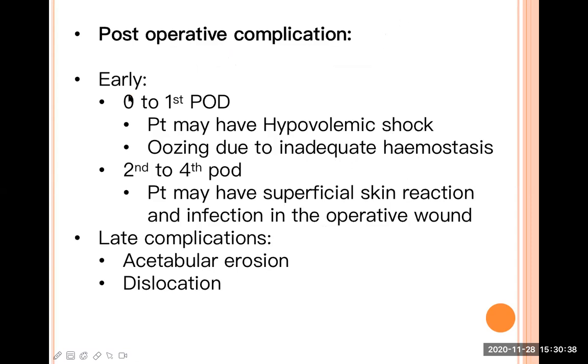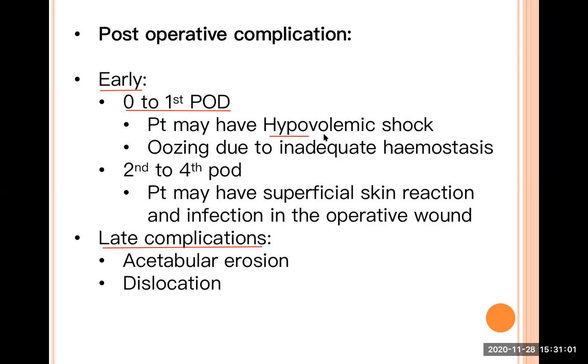Now, what are the post-operative complications that are common? See here, we have divided these into early and late complications. Early complications may occur from the time of surgery to the first post-operative day. That is a better explanation.